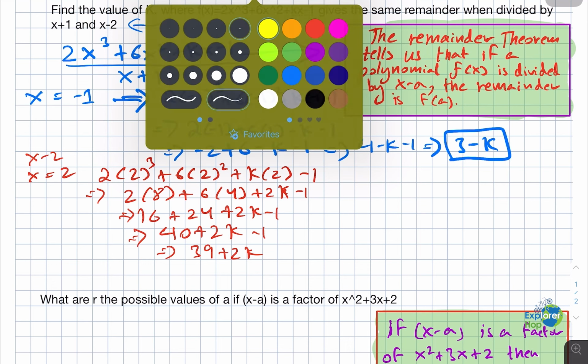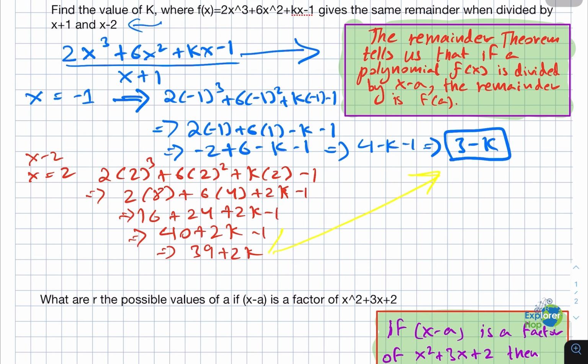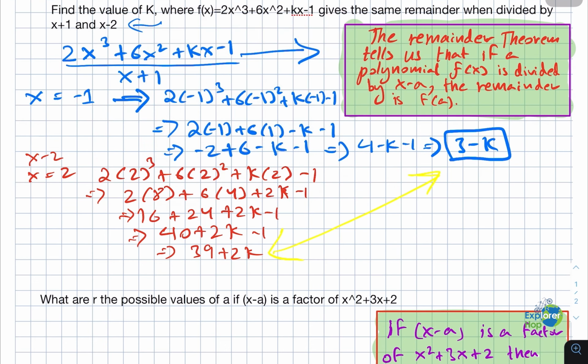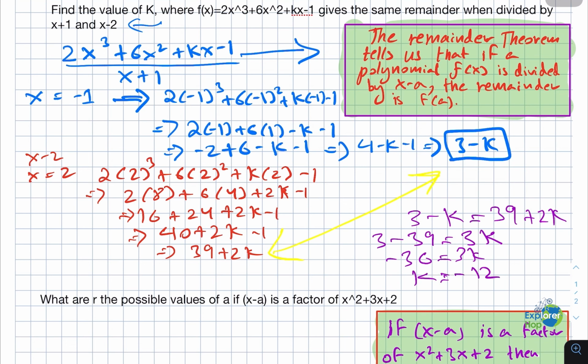Now that we have these two, we can just equate them to solve for the value of k. So therefore it's going to be 3 minus k equals 39 plus 2k, which gives us 3 minus 39 is equal to 3k, which gives us minus 36 is equal to 3k, which gives us k equals minus 12.